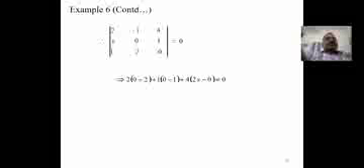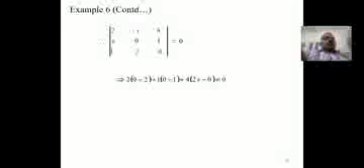So the determinant of 2 minus 1 4, x 0 1, 1 2 0 is 0. By expanding with the help of the first row: 2 into 0 minus 2, minus of minus 1 into 0 minus 1, plus 4 into the determinant of x 0, 1 2, which is 2x minus 0, equal to 0.